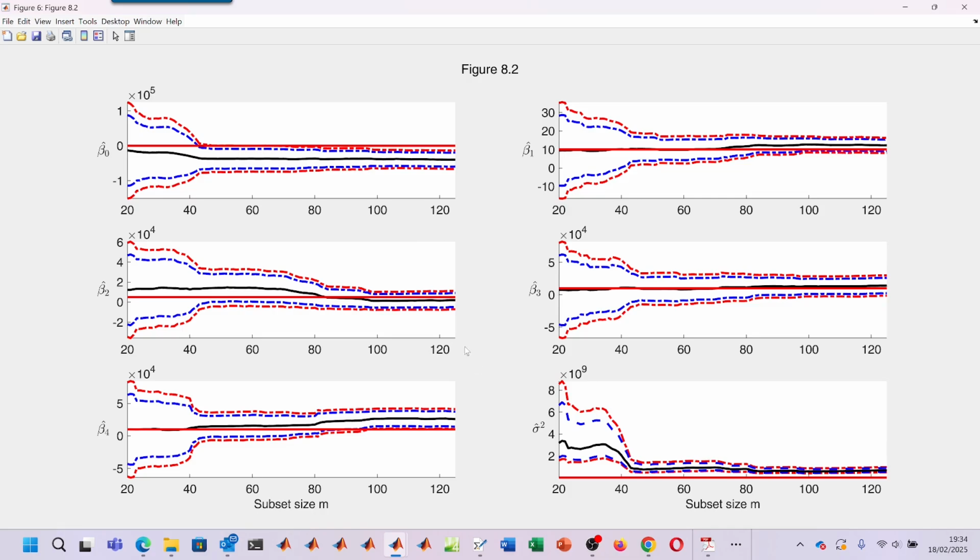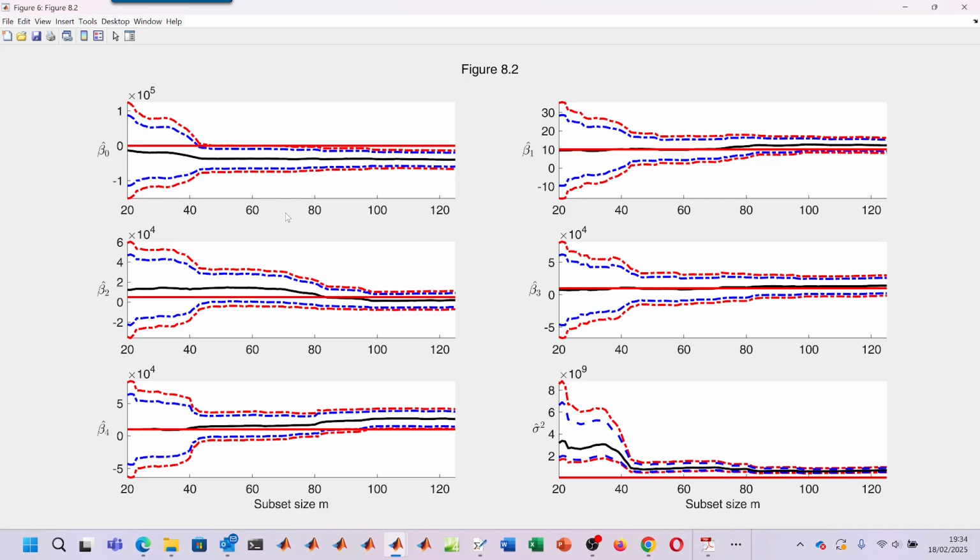In each panel, there is a continuous horizontal line, which is the value of the parameter given by the prior, and around that we have 2 sets of dashed lines, blue and then red, which are the 95% and 99% highest posterior density regions for the parameter estimates for the linear model.